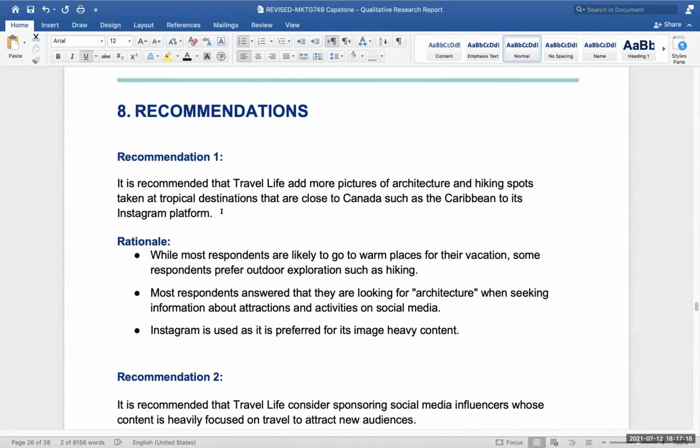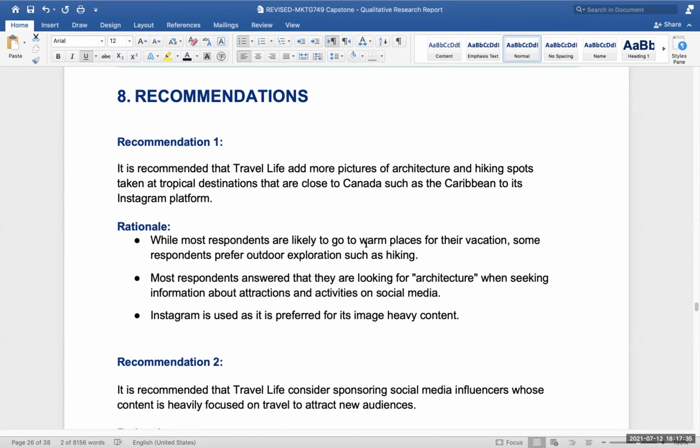In other words, one of the things that was discovered in the focus group is that the respondents said to us that they want to see more pictures of architecture, pictures of hiking spots in tropical destinations. So the rationale: while most respondents are likely to go to warm places for their vacation, some respondents prefer outdoor exploration, such as hiking.